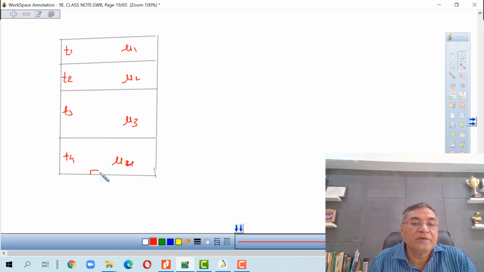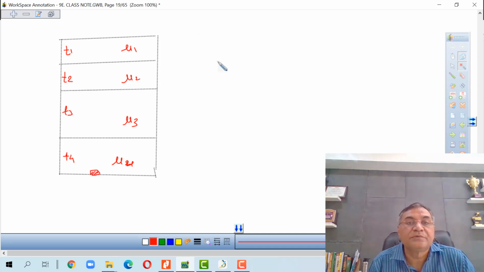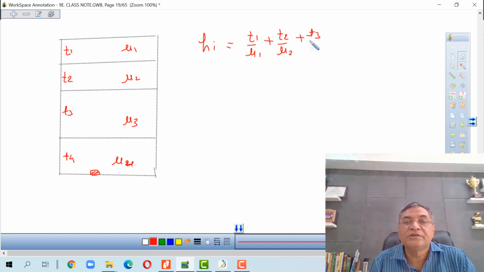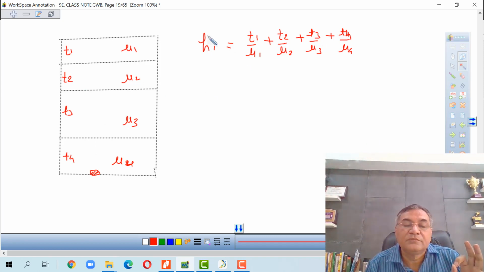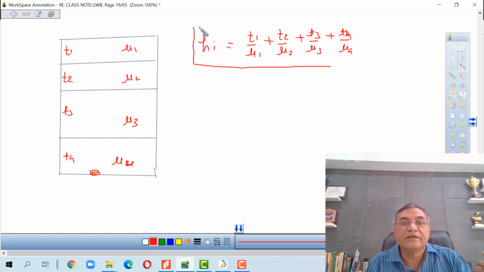Suppose a coin is placed here, then how is it shifted up? What will the final image be? It will be T1 upon mu1 plus T2 upon mu2 plus T3 upon mu3 plus T4 upon mu4. Okay, you just take the sum this way. So this gives the position of the coin. Where it is, you will see. This is also a very important formula. If many layers are there, then you just add it.